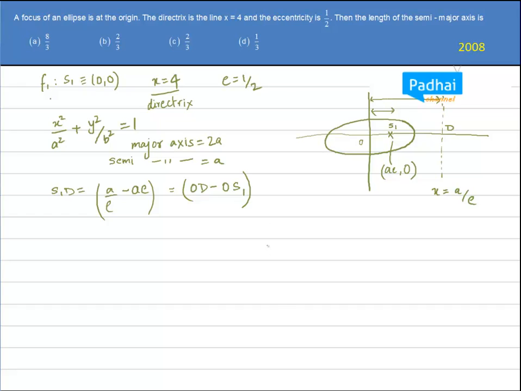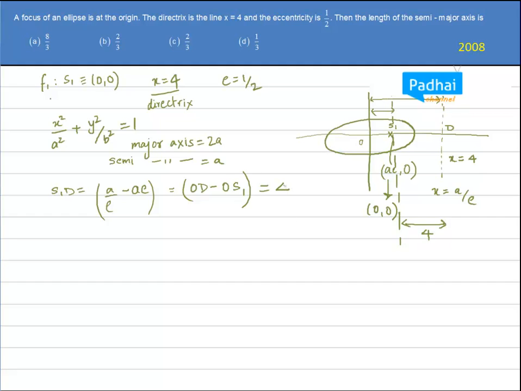It says that now this point S1 is your origin. So basically this point is (0, 0), and this line is x equal to 4. So that means this S1D distance will now be equal to 4, because now this is the y axis which I have plotted.